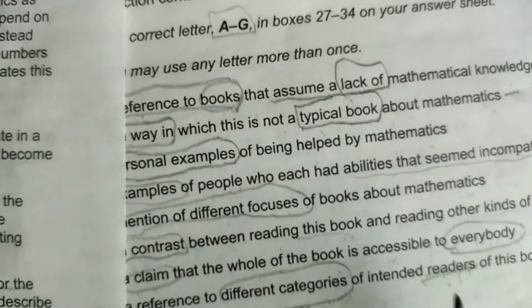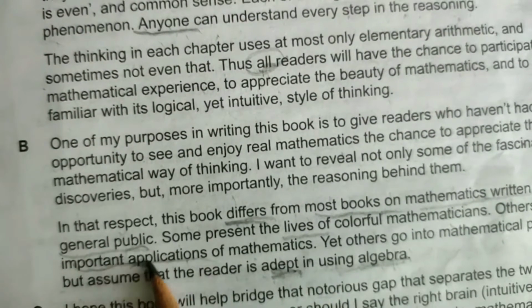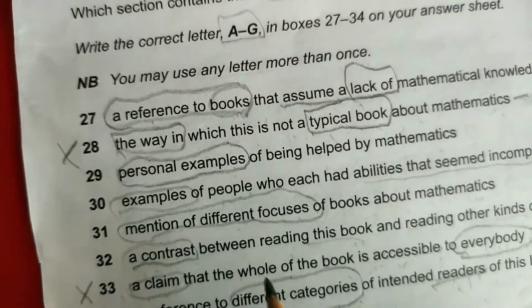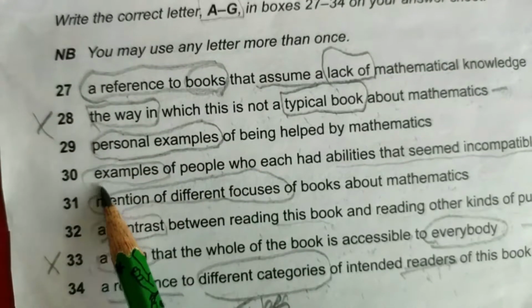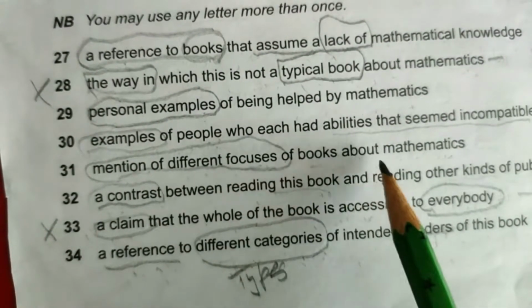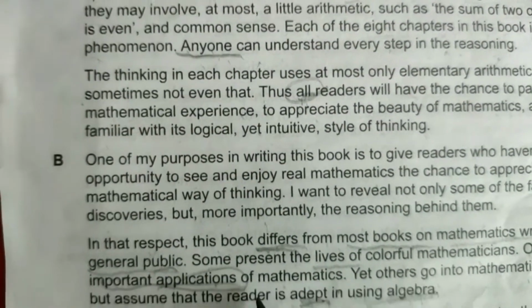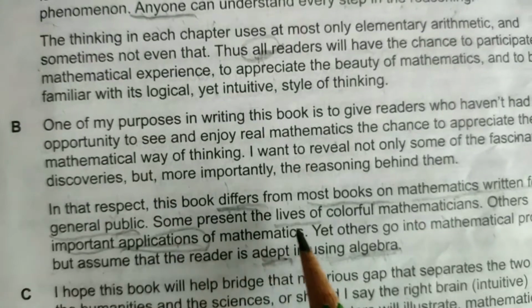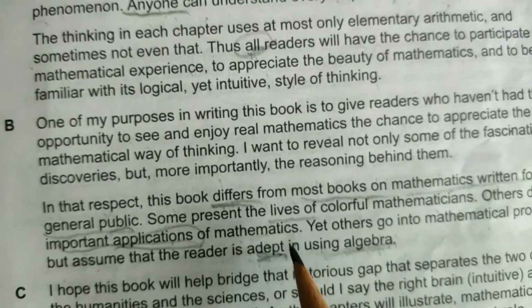Okay. Others describe important applications of mathematics. Yes. Here somewhere I have read about it. The personal examples, no. Examples of people, no. Mention of different focuses of books about mathematics. Yes. The statement here, some present the, okay, others describe important applications of mathematics.